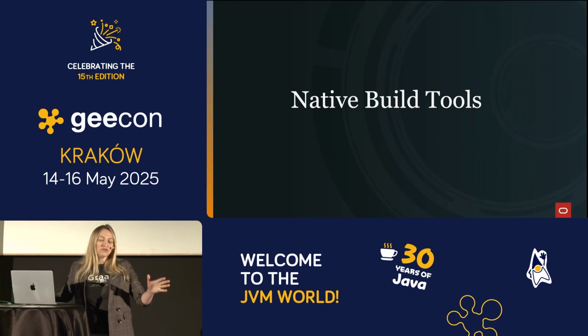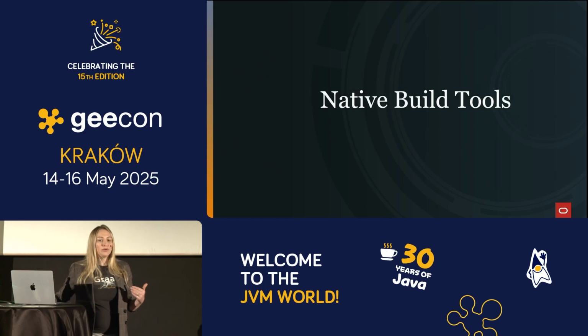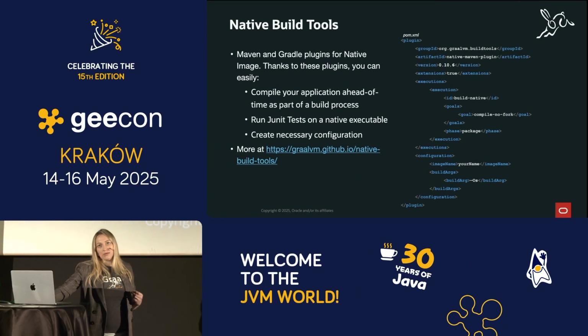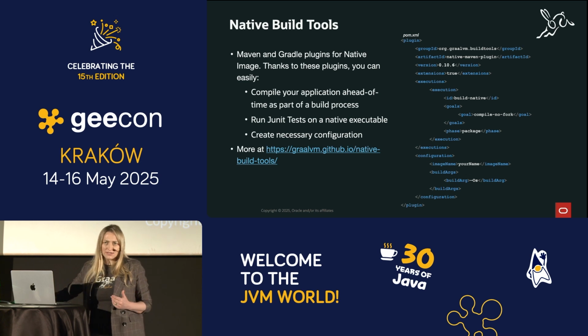And lastly, native build tools. This is a Maven and Gradle plugin we develop for making native image build smoother. And also, native build tools allow you not only to compile applications ahead of time using Maven or Gradle, but also to run JUnit tests as native code.